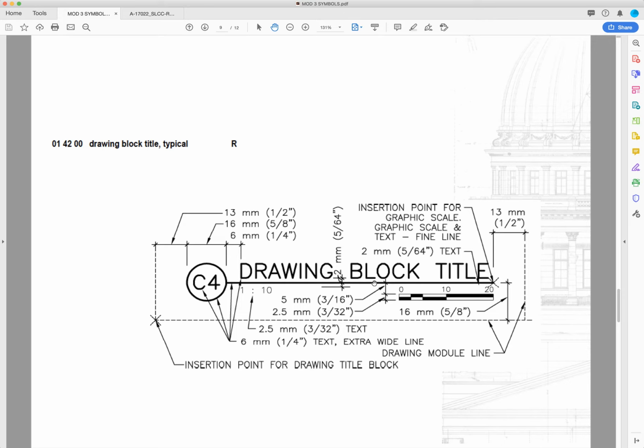If you're doing hand drafting, you might consider taking a look at something like this, but the people who make AutoCAD, Revit, as well as the other drafting programs, probably started with a National CAD standard like this.